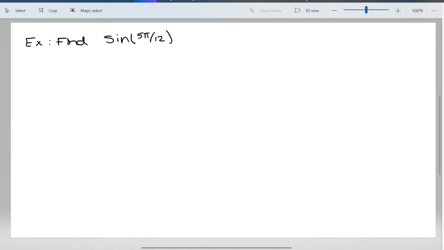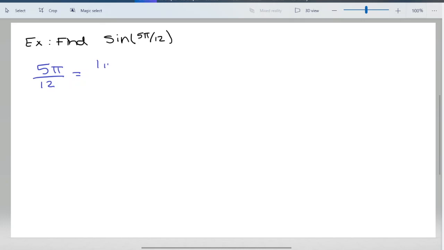So the first thing we want to do is write this 5 pi over 12 as either a sum or difference of some special angles. If we're thinking about 5 as a sum, we have a couple of choices.